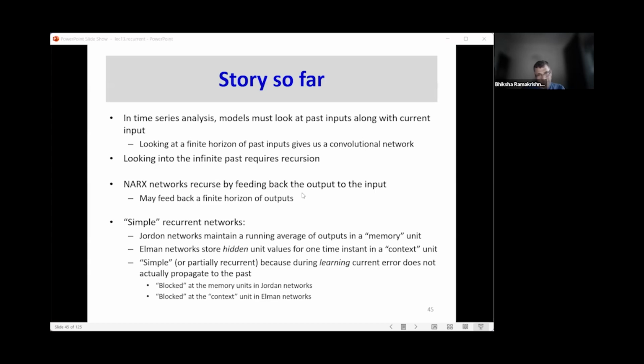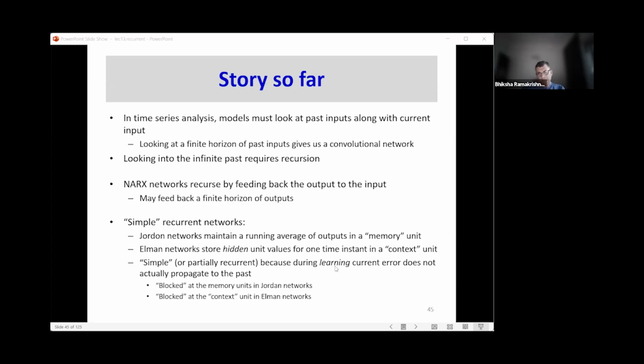NARX networks recur by feeding back the output to the input, and may feed back a finite horizon of outputs, and maybe the inputs too. Simple recurrent networks, Jordan networks, maintain a running average of outputs in a memory unit. Elman networks store a hidden unit value for one time instant in a context unit. It's simple or partially recurrent because during learning, the current error does not actually propagate to the past.